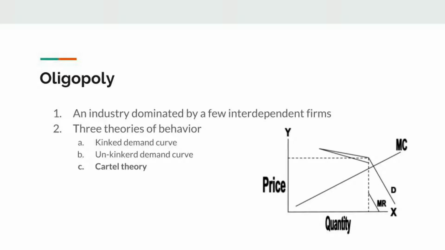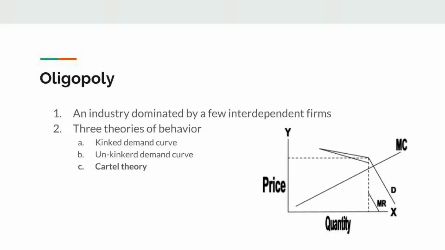1. The kink demand theory. This theory basically states that if one firm decreases its price, then the other competing firms will match that decreased price. If one firm increases its price, the other competing firms won't match the increased price. This gives the demand curve a kink, which causes the marginal revenue curve to have a gap, as seen on the graph.